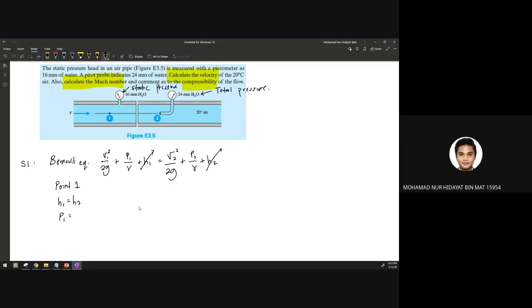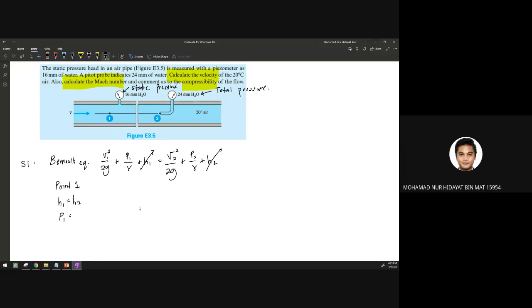This is water, this is air. Yes, correct. So the rho, is it the rho of water or rho of air? Yes, correct.